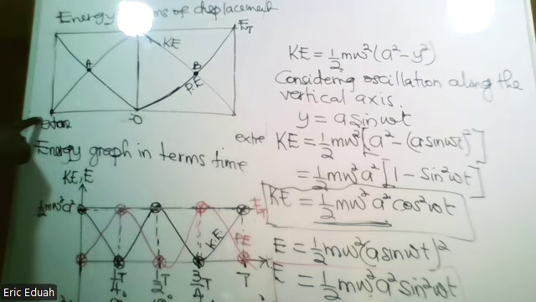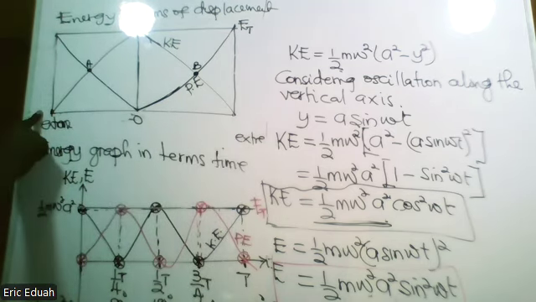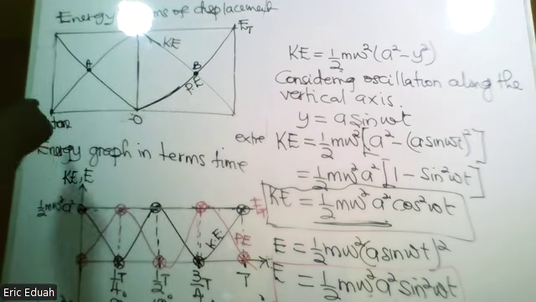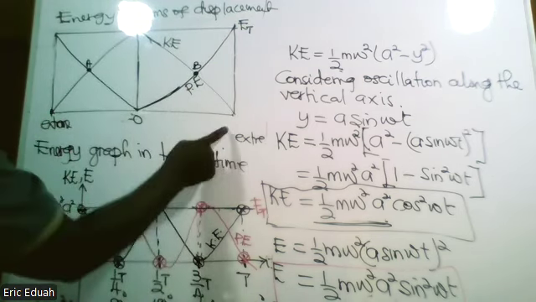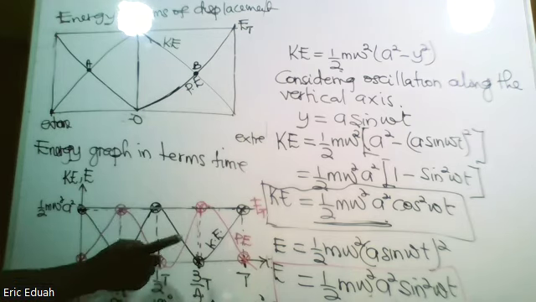Meaning if we are starting from here, it must go and then come back. But because it is from here to here, this is for only half a cycle. This is for one cycle.